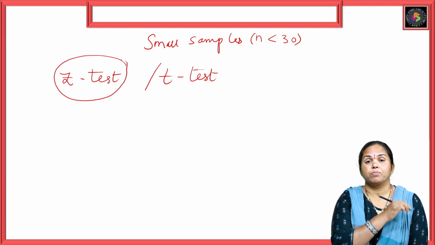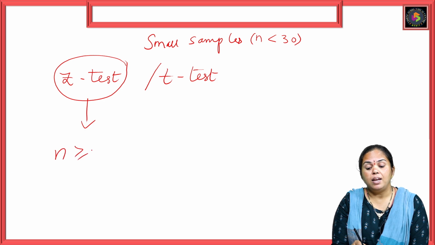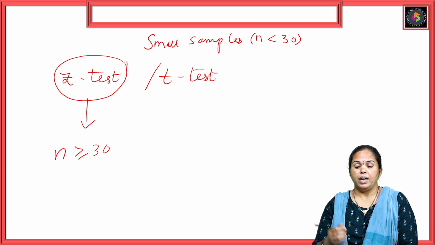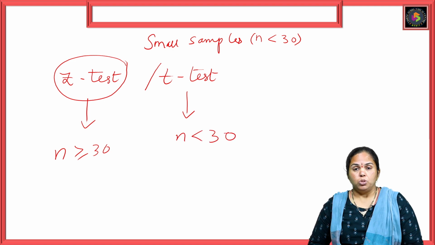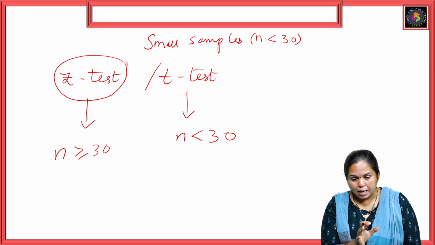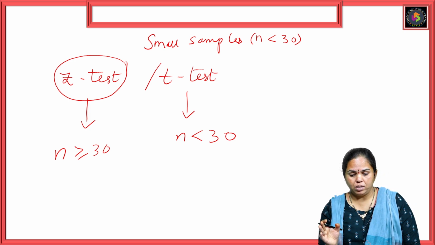Z-test is used when your sample is a large sample, and t-test you have to use when your sample is a small sample. So depending upon the sample size, we characterize whether it is z-test or t-test.